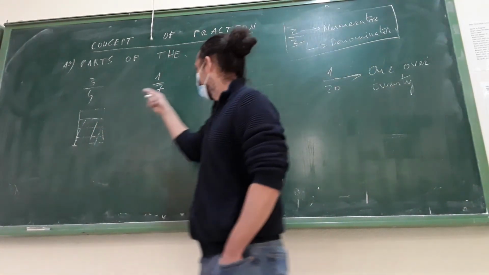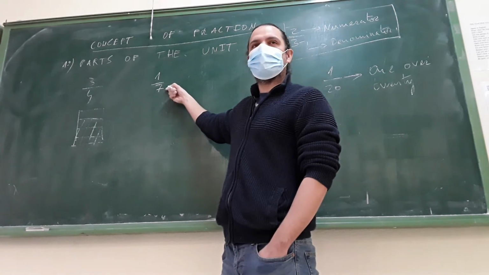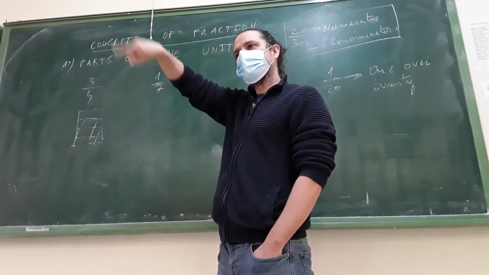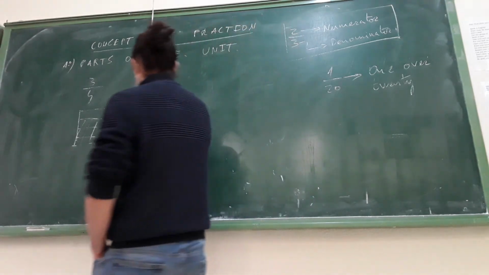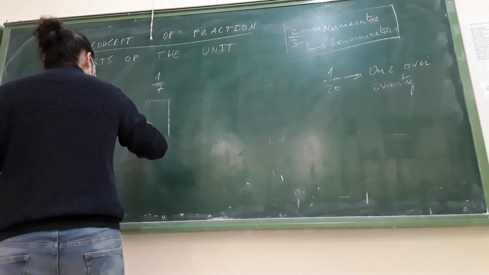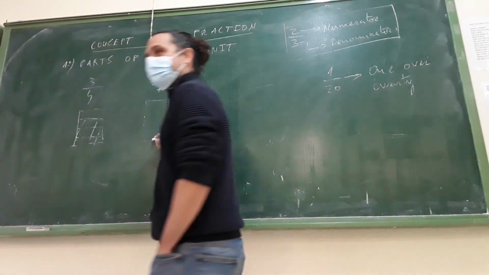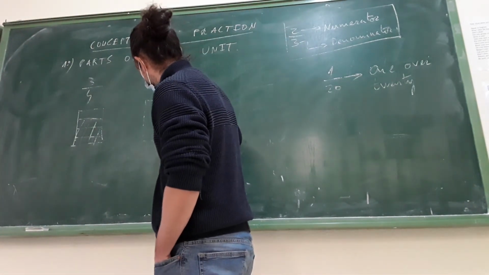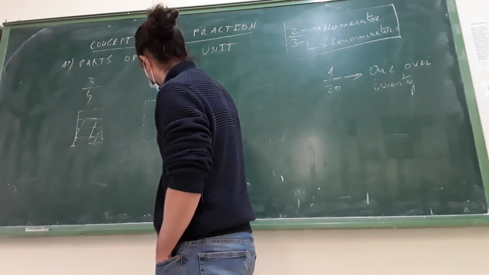When we have to divide, in how many parts do we have to divide here? In 7 parts. Dividing a circle in 7 parts can be difficult, right? So you can draw whatever you want. I prefer to draw rectangles. Let's divide it in 7. 1, 2, 3, 4, 5, and 6.